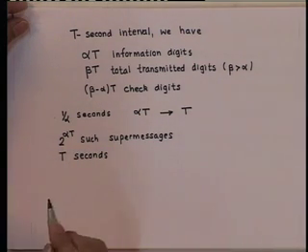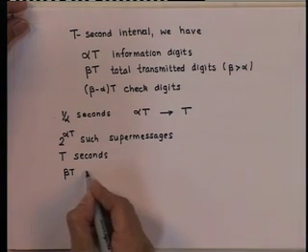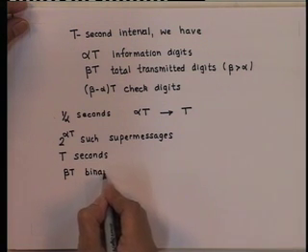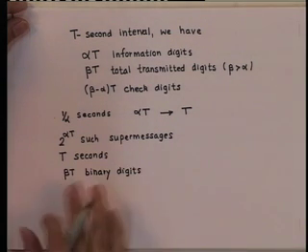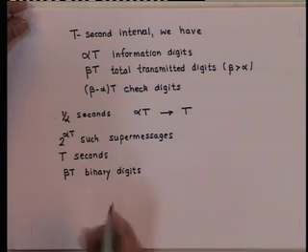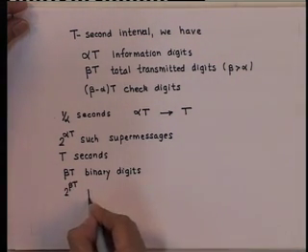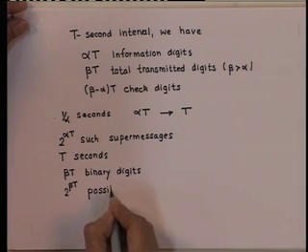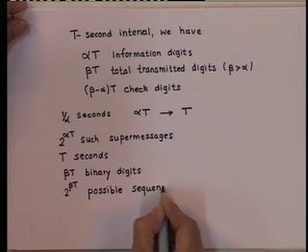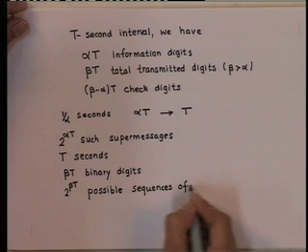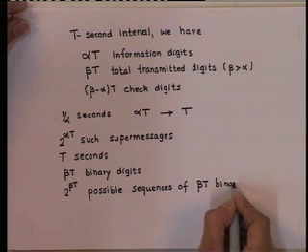These super messages are transmitted by a sequence of beta times t binary digits. What this implies is that there are in all 2 raised to beta times t possible sequences of beta times t binary digits.